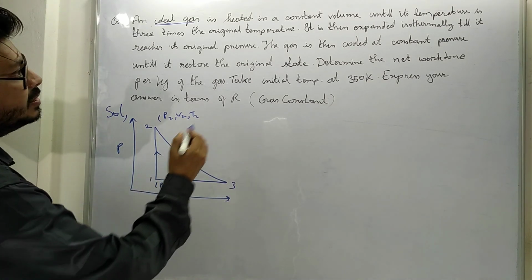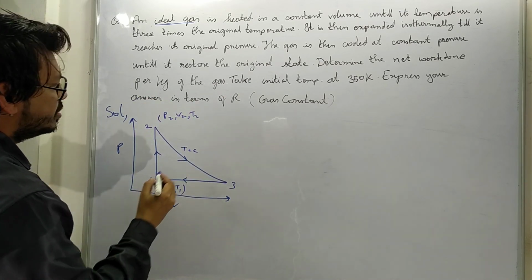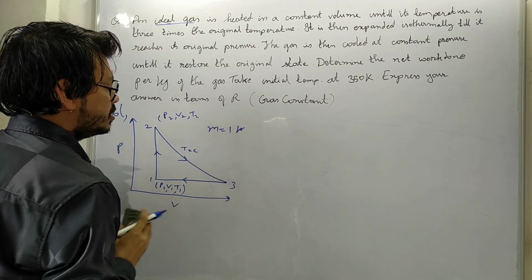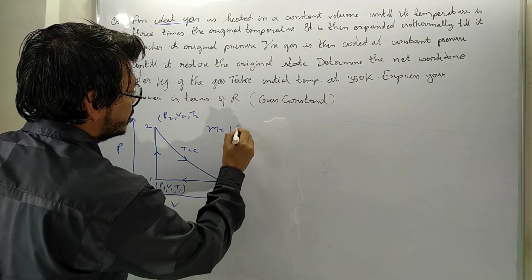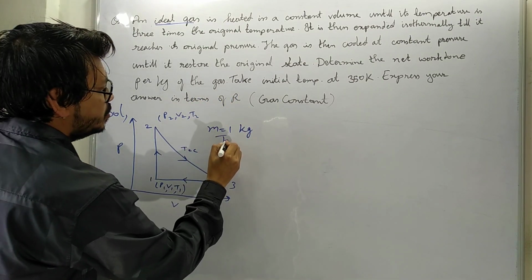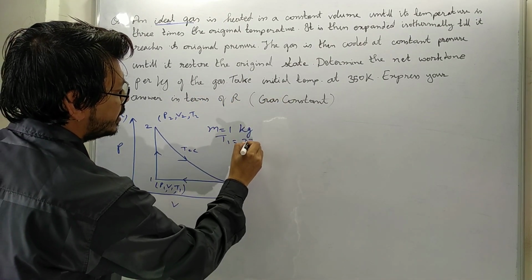Now we have to determine the net work done per kg. So m is given, it is per kg, so m is 1 kg, and T1 is equal to 350 Kelvin.